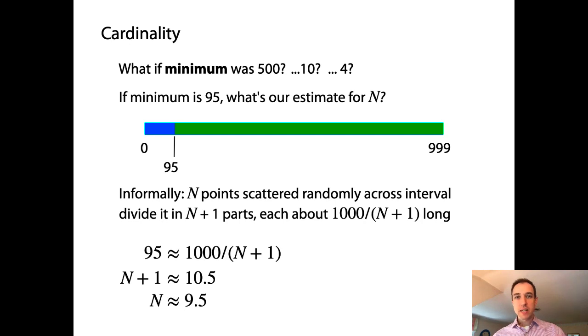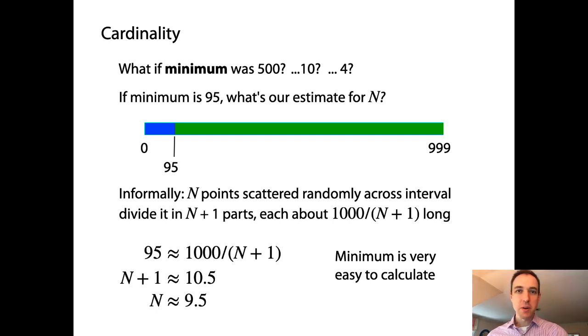Well, when the data stream is flying by at top speed, it's really easy to calculate the minimum. All you really have to do to calculate this sort of cumulative minimum is check each value as it flies by and ask, is it smaller than the minimum so far? And if so, update the minimum so far. If you're looking for the median, that's actually a much more complex question.